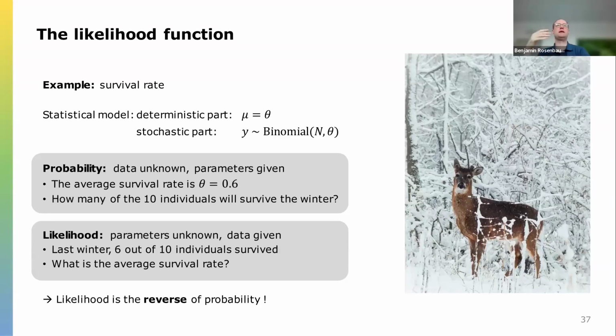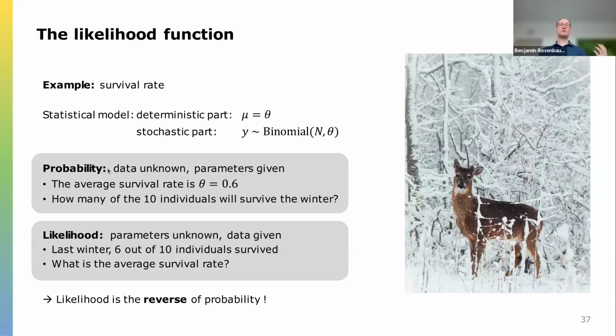We are not calculating the probability of the data because we already observed it. So we know, okay, 6 out of 10 individuals survived. What is the best fitting survival rate for this? So we're using the same model in two different ways. And I would say the one is the reverse of the other.